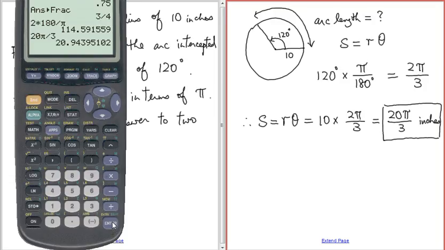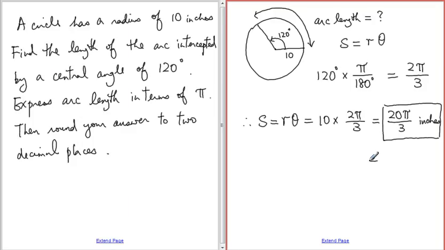So how should we answer this time? 20.94. So that would be equal to 20.94 inches. So that is also one of the answers.